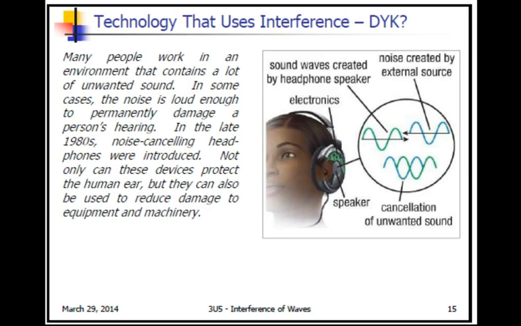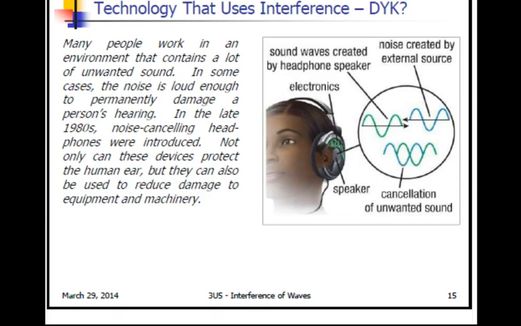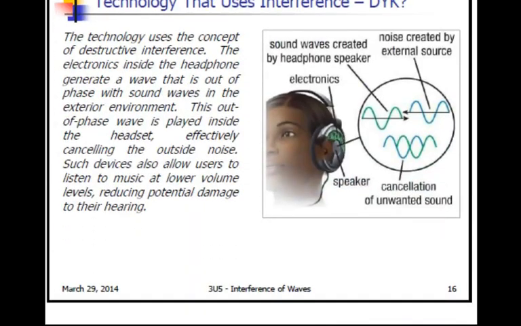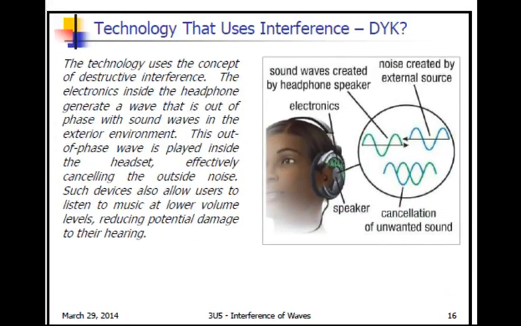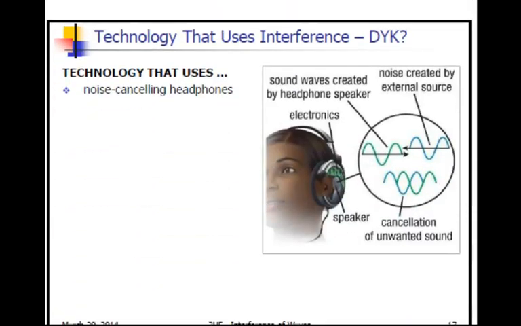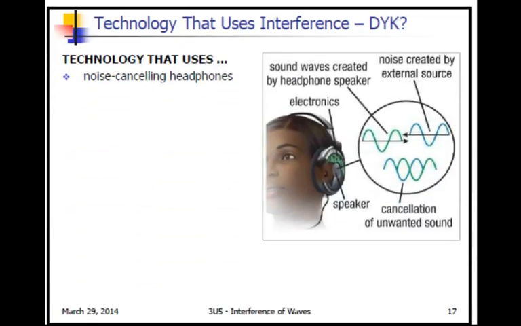So what you would actually hear would be the interference of the electronically generated sound wave and the sound wave outside the headphones. Adding those two together reduces the amplitude of the outside sound source, and essentially we have a canceled sound, or a near canceled sound. So you can write that down. One of the uses of interference is through the development of noise canceling headphones.